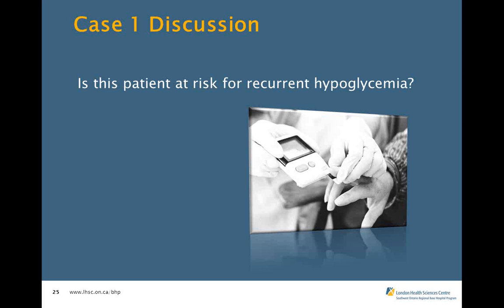Then next thing you know, they've given themselves more insulin and they're right back into that state. Or worst case scenario, they go into a cardiac arrest, which gets very, very ugly. But absolutely, you're 100% correct. They are at risk for recurrence of hypoglycemia. So we'll look at the next case here.